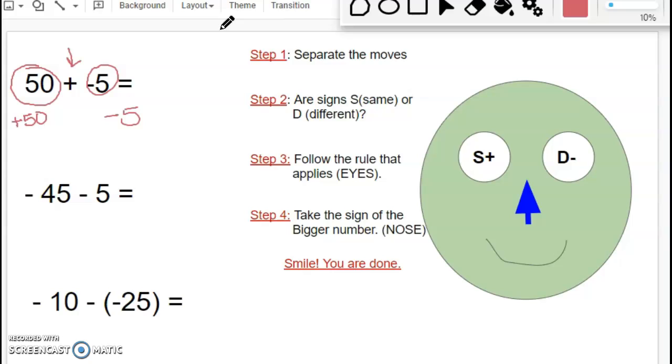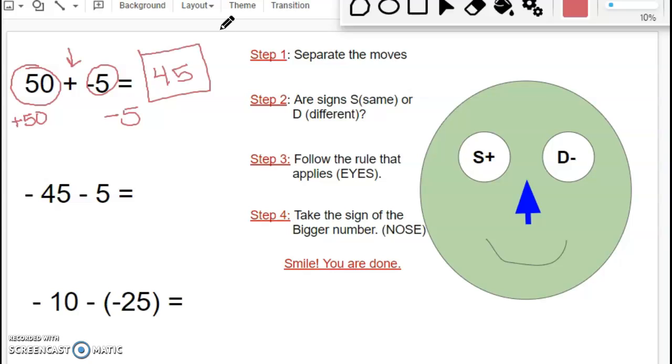The right eye tells me that I have to subtract. So 50 minus 5 is 45. Now I'm going to move down the face to the nose. This is going to remind me to take the sign of the higher number. Well, I know that 50 is bigger than 5. 50 is positive, so my answer is going to be positive. So my final answer is 45.